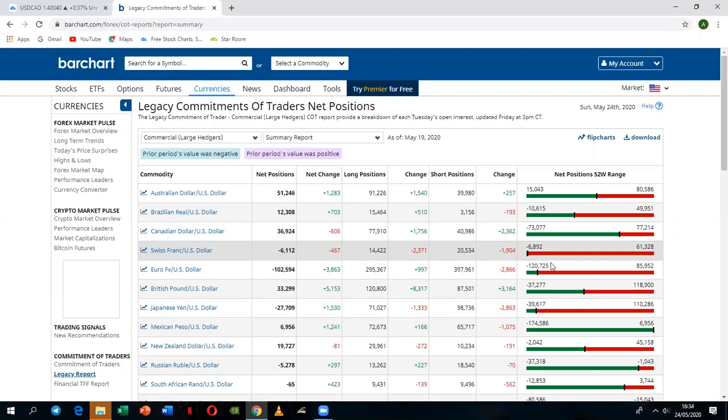The overall bias is bullish in favor of the USD. For some reason, the week ended with people selling the CHF against the USD. So you mark this down.